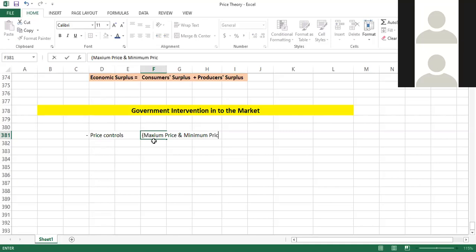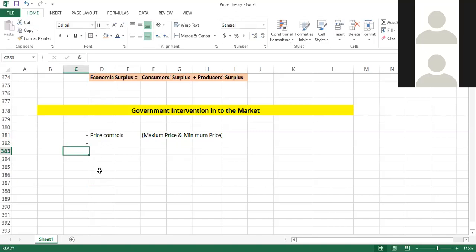So maximum price and minimum price, or price ceiling and price floor. Maximum price is used for the benefit of consumers, minimum price used for the benefit of producers, right?